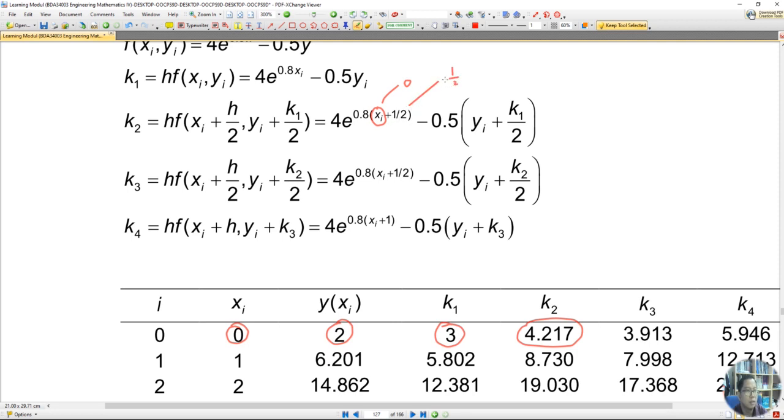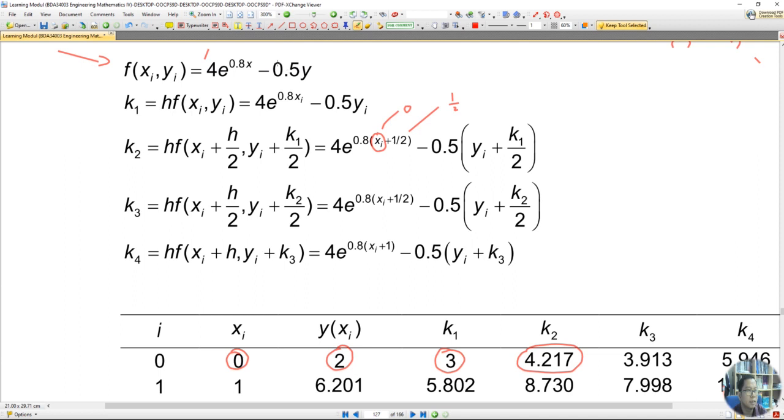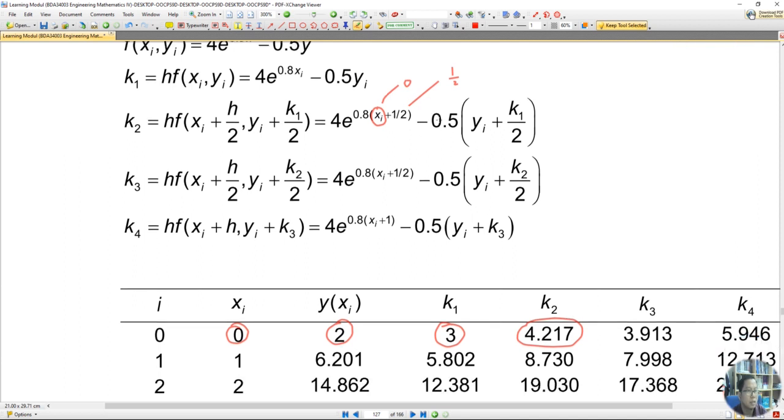Minus 0.5y. In this case for y, you have to add k1 over 2.